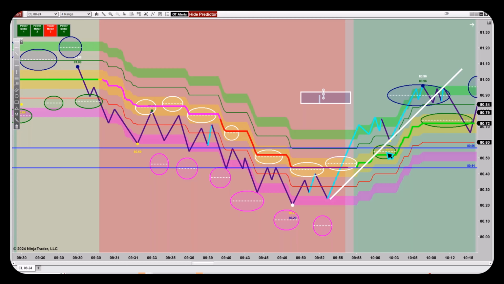And the beauty of the swings is they will get you out every single time at the right spot, unless you just go for a certain profit, like you want a particular amount of profit, that's even fine.